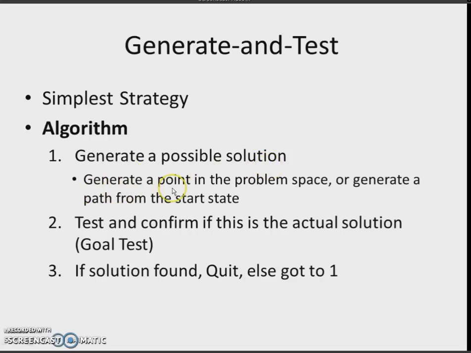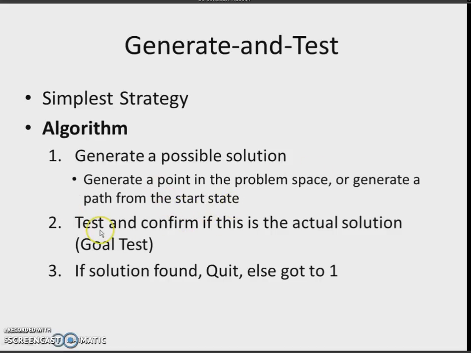You select any node from your problem space and you just generate it. You start from whichever node you are in now, find out the possible solution and generate a path from the current state to the new state.